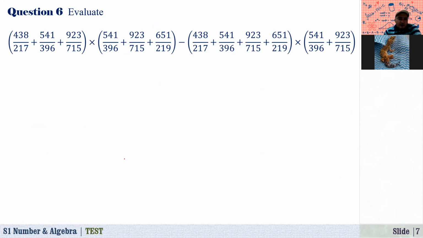9, 2, 3. Let me first highlight, for example, 438. Where do we have 438? Here I have it, and also 217, also 217. And here we also have 541396.